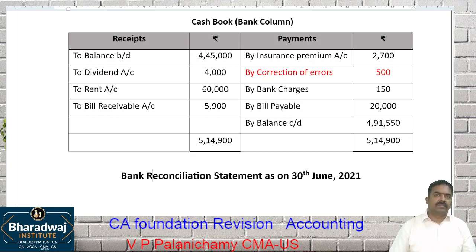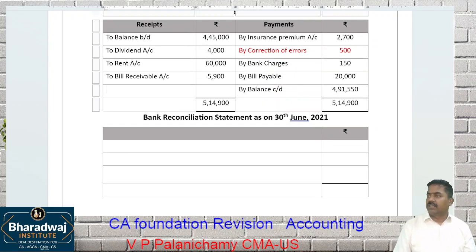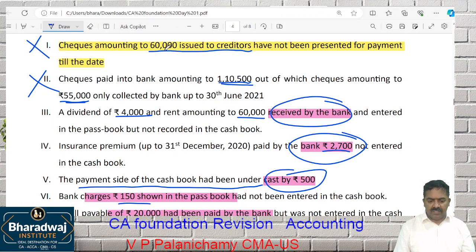Try it. With which balance we are going to start? 4,91,550. How will the first one affect?